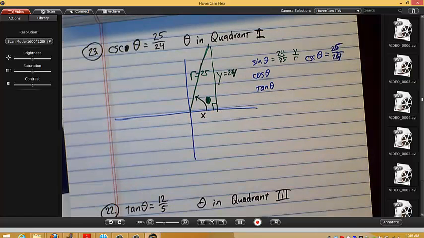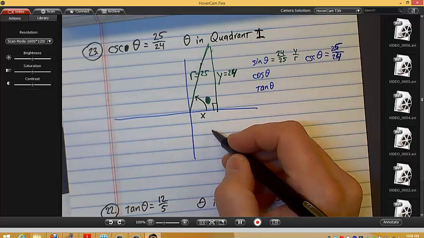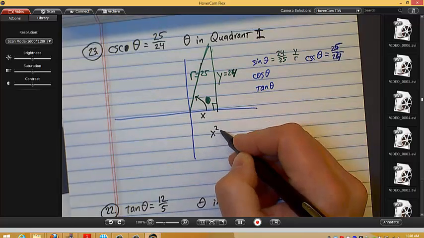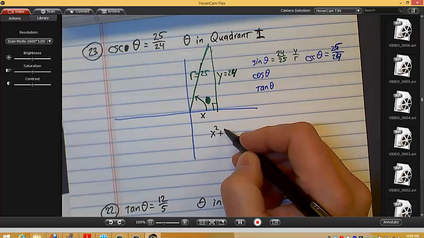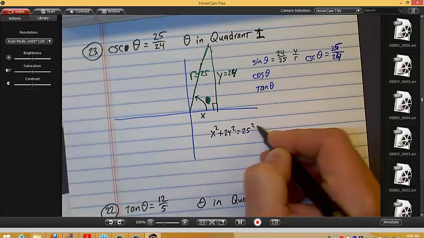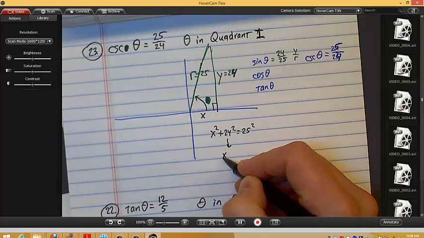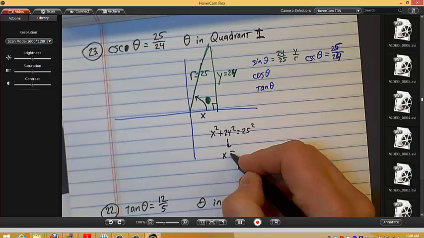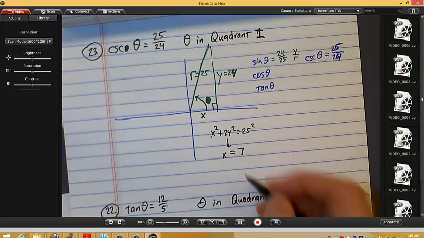Now what do I do if I don't know what x is? I could write an algebra equation. What would I write? Pythagorean theorem. So you'd say x squared plus 24 squared equals 25 squared, and you would solve for x. I will just tell you that x equals 7. I don't know if you remember that, but you could check it.